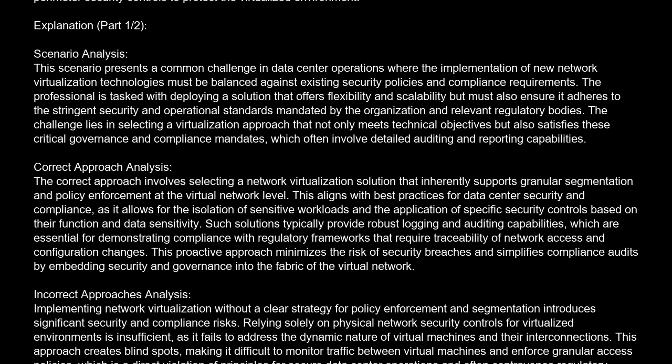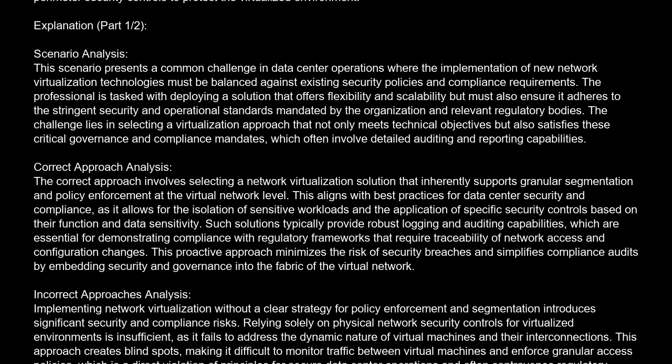The correct answer is D. Deploying the virtualization solution with a focus on maximizing network performance and agility, relying on existing perimeter security controls to protect the virtualized environment. Explanation. Scenario analysis. This scenario presents a common challenge in data center operations, where the implementation of new network virtualization technologies must be balanced against existing security policies and compliance requirements.